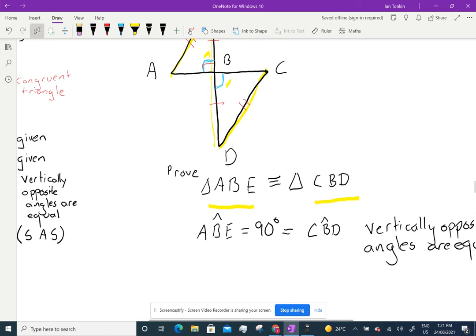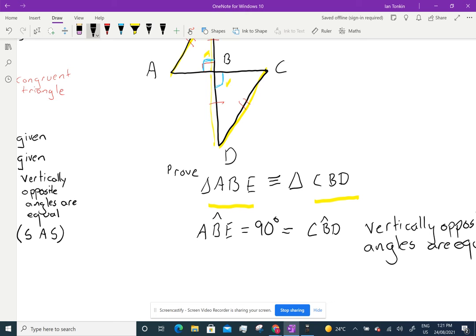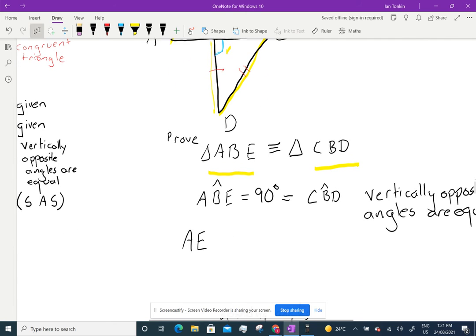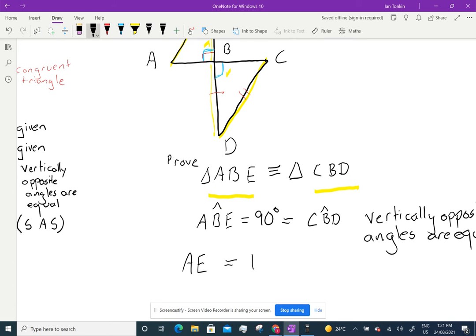What else do we know? Well, I know that AE, let's look up there, is a hypotenuse and also equals DC. So they are hypotenuses.